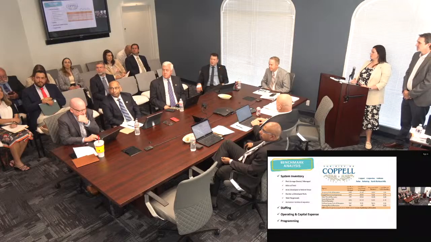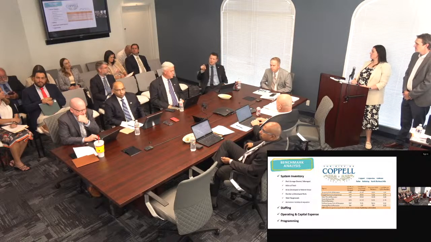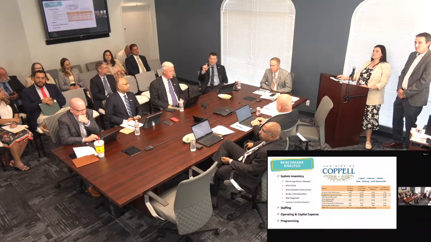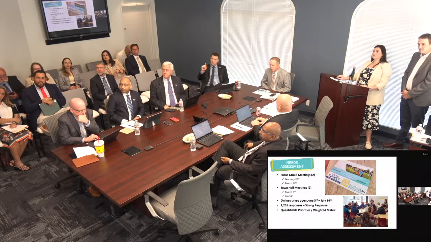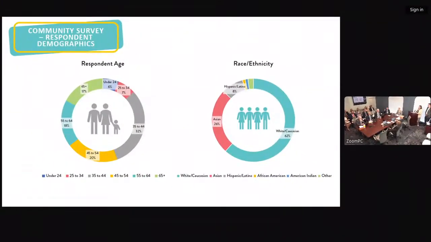Kevin? The only other question I had was about the demographic breakdowns. Could we go to that slide? That looked to be pretty consistent with the city, even the age distribution. I was looking at the race and ethnicity section, and I can't remember what our split is for our Asian population.